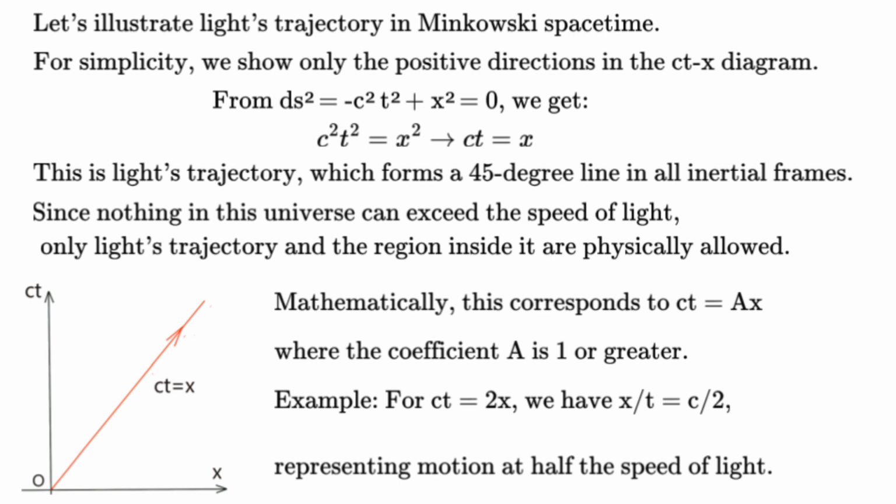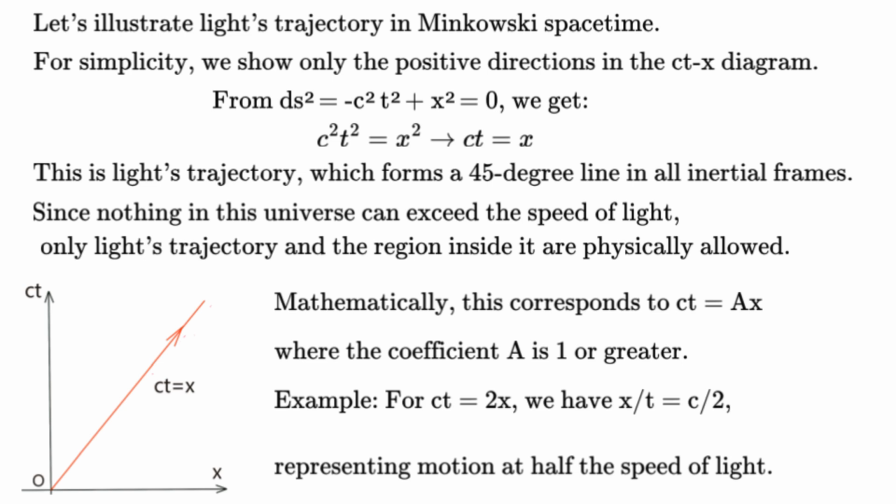Let's illustrate light's trajectory in Minkowski spacetime. For simplicity, we show only the positive directions in the ct-x diagram. From ds squared equals minus c squared t squared plus x squared equals 0, we get c squared t squared equals x squared, or ct equals x. This is light's trajectory, which forms a 45-degree line in all inertial frames.